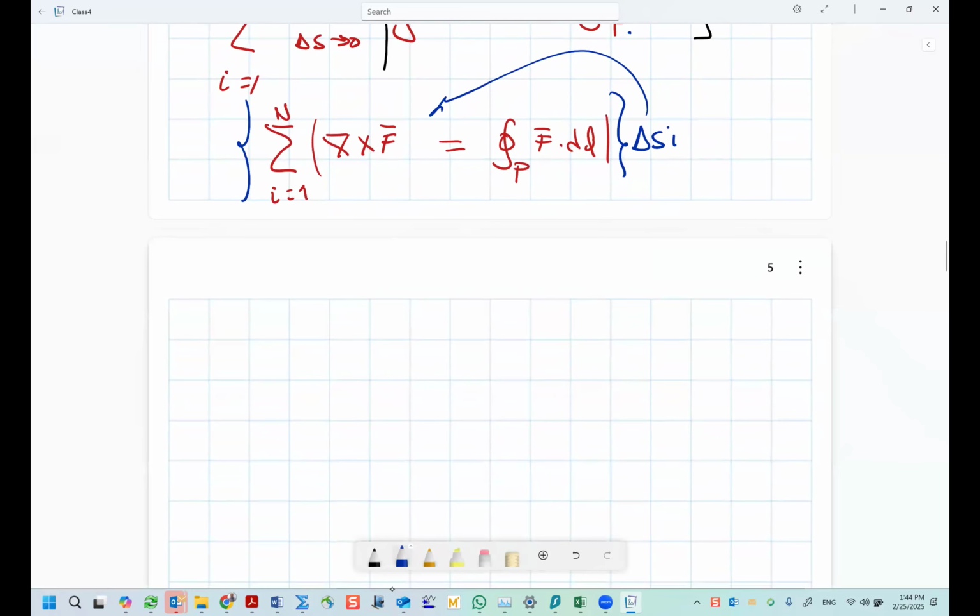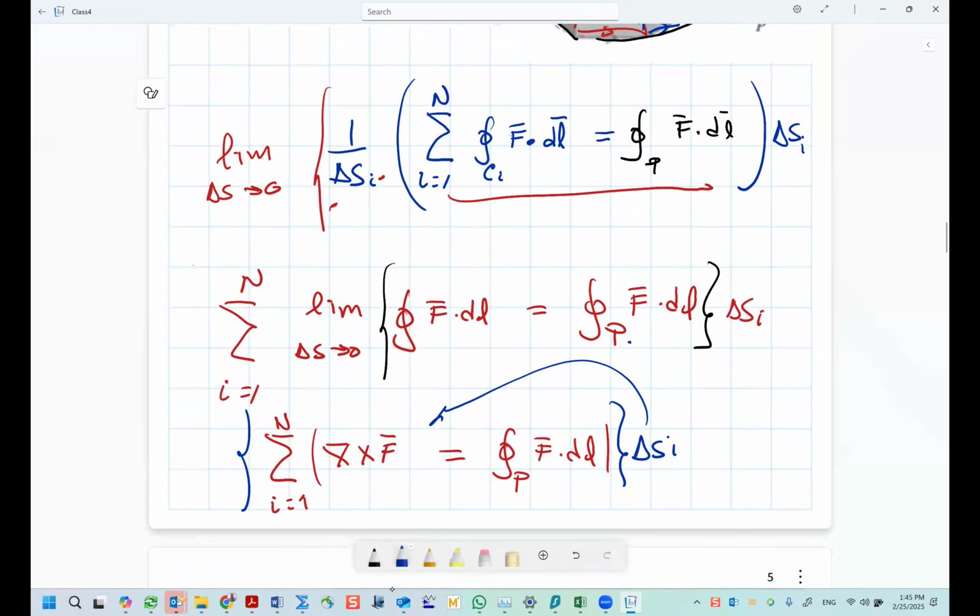Okay. So when I sum up this integral, the sum of i equals 1 to n of the curl of F multiplied by delta Si will be equal to the closed integral. Somehow, I think I shouldn't have multiplied the whole thing by that.